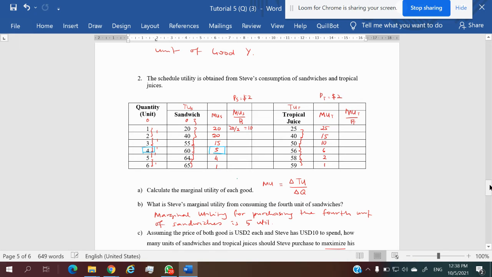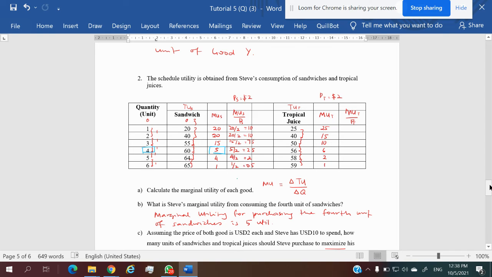So here it is 10. 20 divided by 2 is also 10 over here. 15 divided by 2 is 7.5. 5 over 2 is equal to 2.5. 4 over 2 is 2. 1 over 2 is 0.5. Very simple.